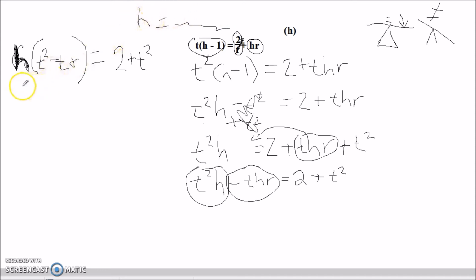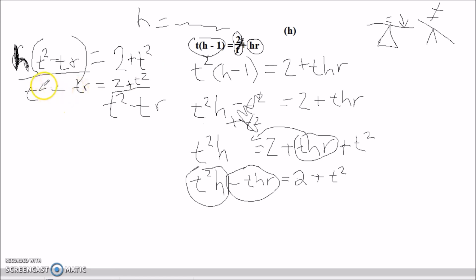All we need to do to get that is to divide both sides by what's in the brackets. Try not to comment because my handwriting is terrible. There we go. It takes a lot of concentration, you know.